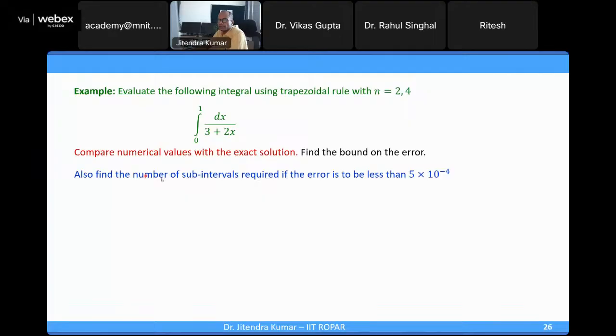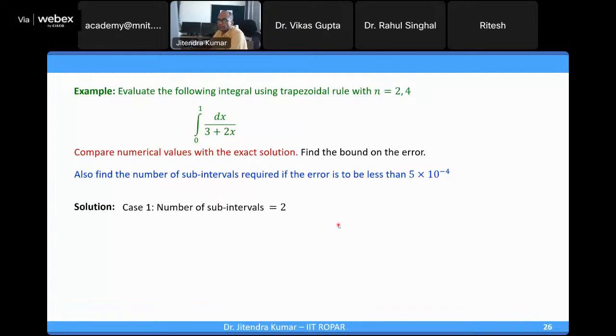Also, we can use this error bound to get the number of subintervals required if we have some desired accuracy, that the error should be less than some given number. In that case also we can use this error formula to get the number of intervals we should take to achieve this accuracy. Well, in this example we will see.